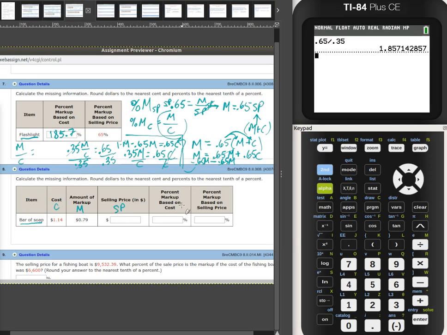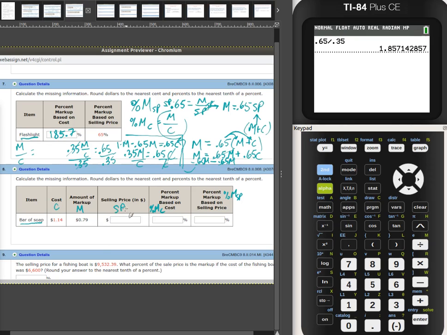Percent markup based on cost is the one that goes percent markup based on cost. And then we also want to find percent markup based on selling price.